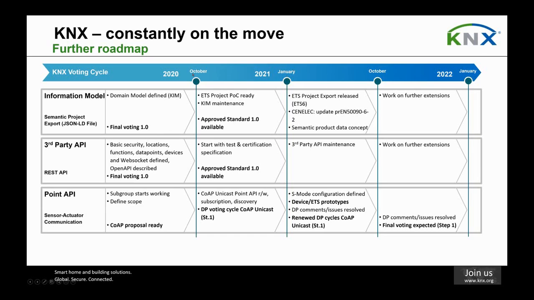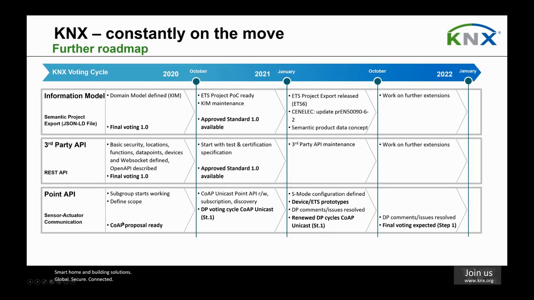So in October, we finalized the KNX information model. We also finalized, with a final vote, the third-party API. Both sections were approved, or published as an approved standard. So you can find this on schema.knx.org.